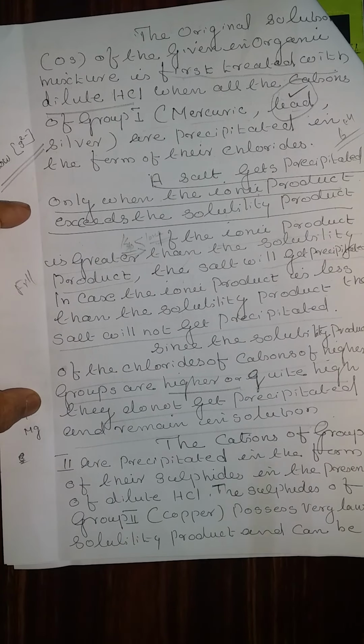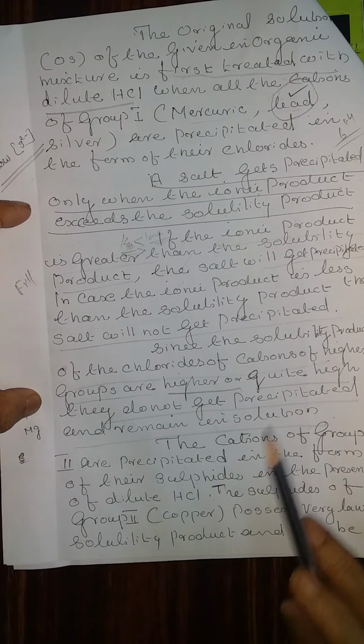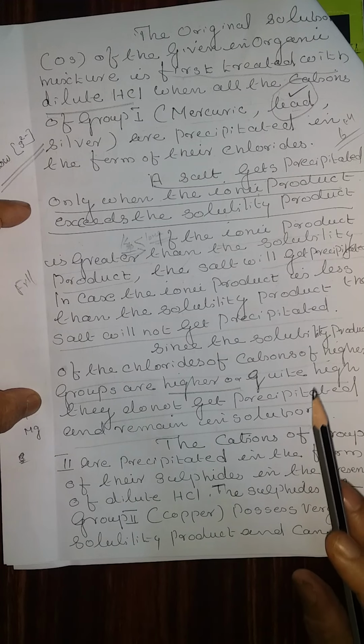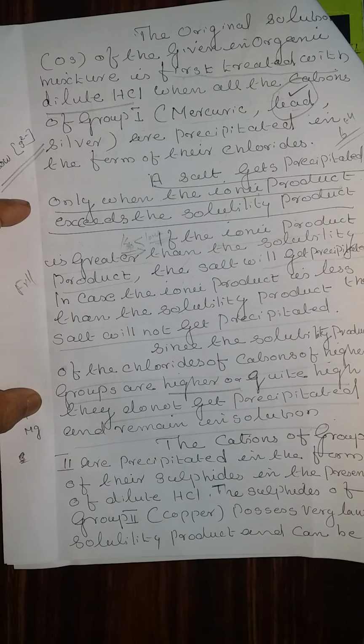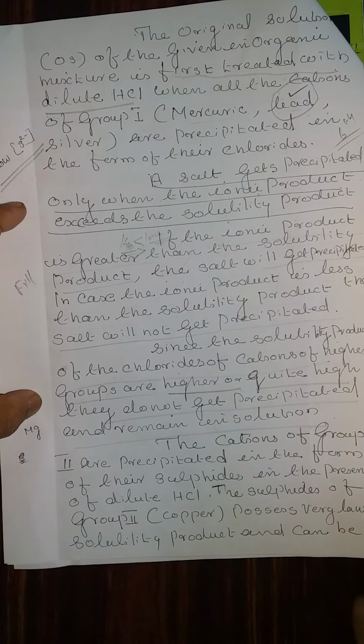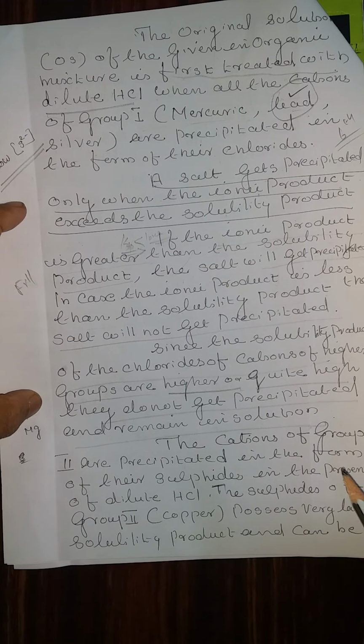Only one point to keep in your mind: whatever group you are doing, if you get a precipitate, the ionic product exceeds the solubility product. If you do not get a precipitate, that group's basic radical is absent. Based on the precipitate and its color, you can identify the basic radical.